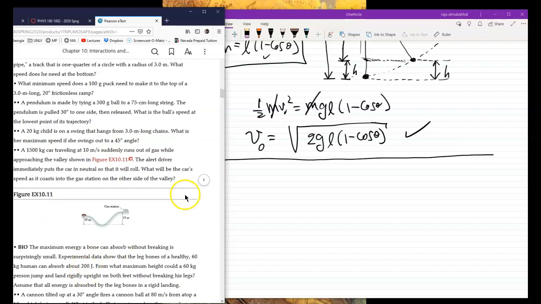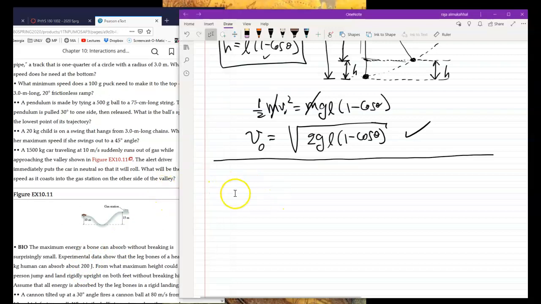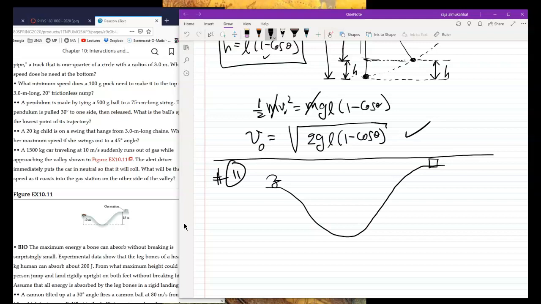Okay, so it says a 1,500 kilogram car. Here it is, right there. Let me write it down. So you have something like this. Looks like it goes up higher. That's a gas station here. All right. Here's the car, a nice looking car, at a height of 10 meters.